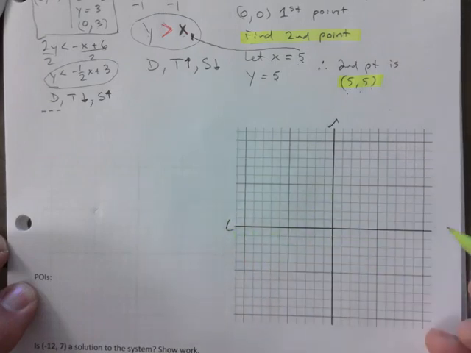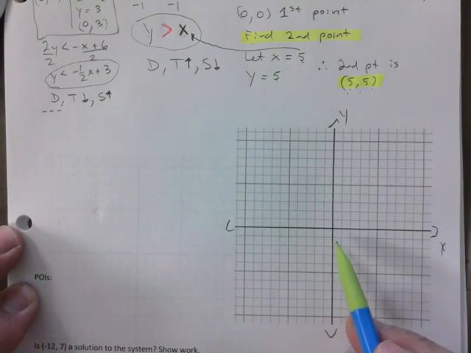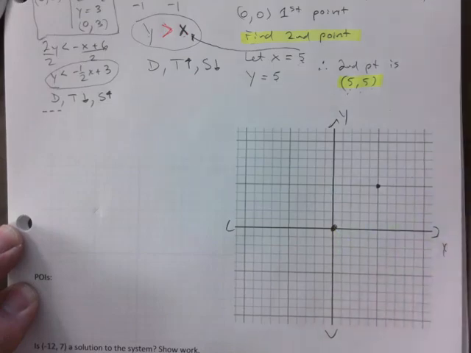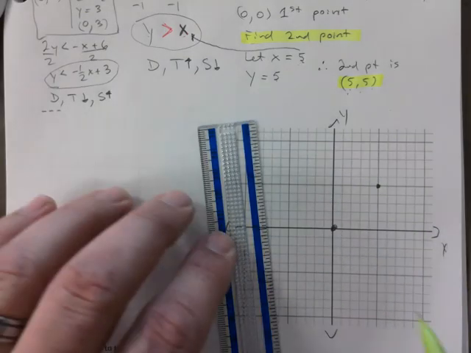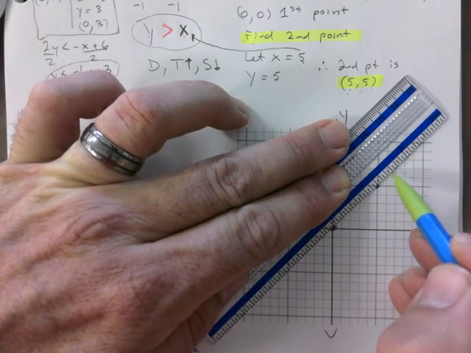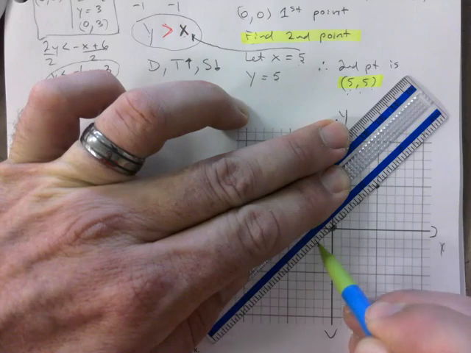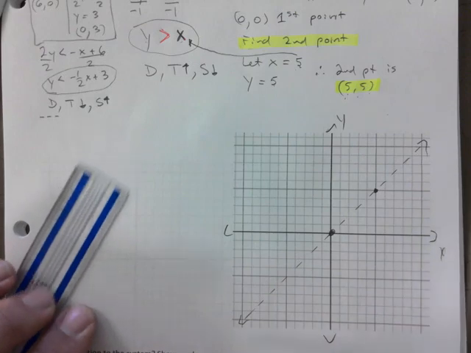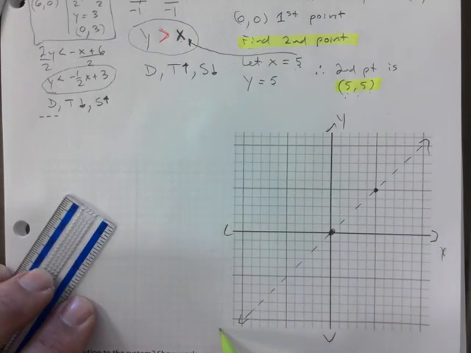So x and y axis, don't forget about that. So 5, 5 is here, and 0, 0 is right there. So I'm actually graphing the second line first. It's a dashed line. This is going to be the line y is greater than x.